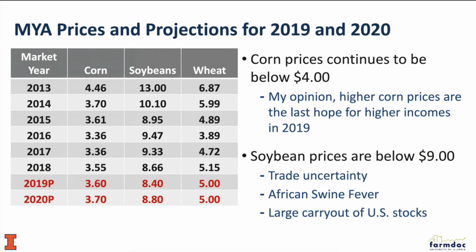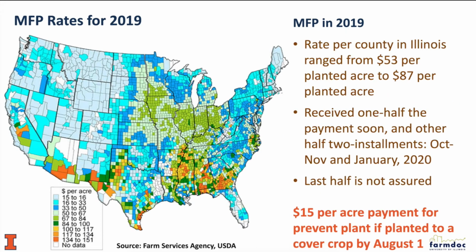So no matter what, expectations are for 850 to 860 to 870 soybeans for the foreseeable future, and that foreseeable future is 2019 and 2020.